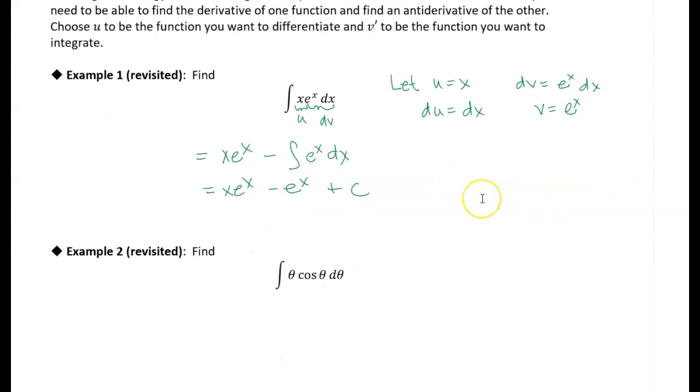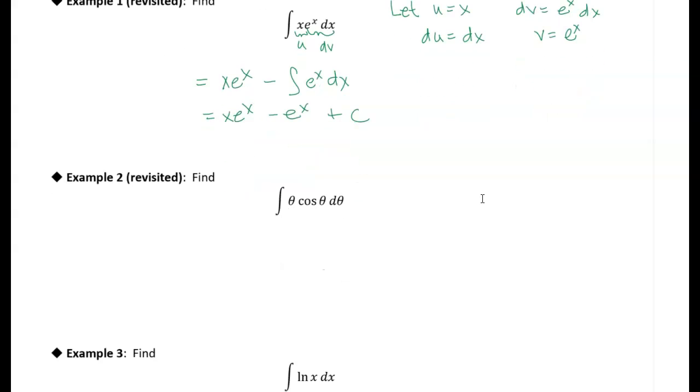Let's try another one. Let's revisit example 2 now. I'm going to break it into two parts. I'm going to let u equal theta, and I'm going to let dv equal cosine of theta d theta. That's the way it's written, and one of the hardest parts of integration by parts is just deciding what should be u and what should be dv.